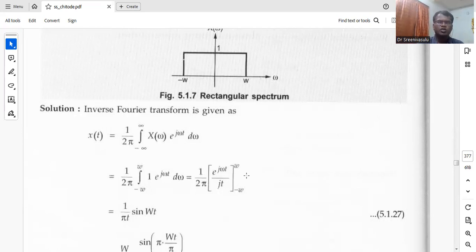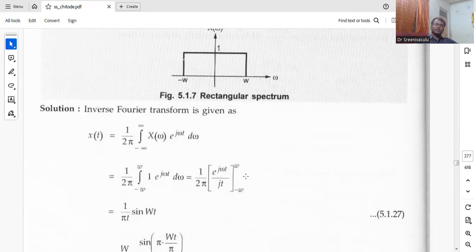Here the formula is from minus infinity to plus infinity, but this rectangular pulse exists in the frequency domain only from minus W to plus W. So I am changing the limits from minus infinity to plus infinity to minus W to plus W. Within this duration, the rectangular pulse in frequency domain is 1, leaving e power j omega t d omega.